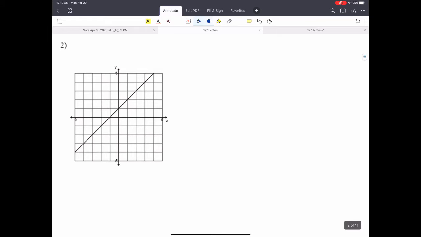All right, when you're looking at a graph, and this graph should have arrows on the ends of it, you're looking at, okay, what is the domain? Sometimes this is difficult for people to figure out. But if you're looking at any linear graph, especially if it's not vertical, the domain is all reals. That's the symbol for all reals.